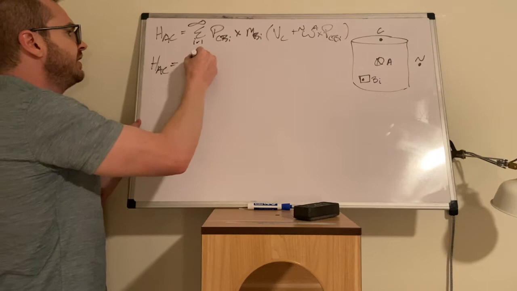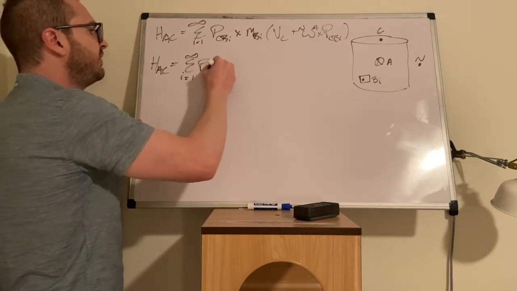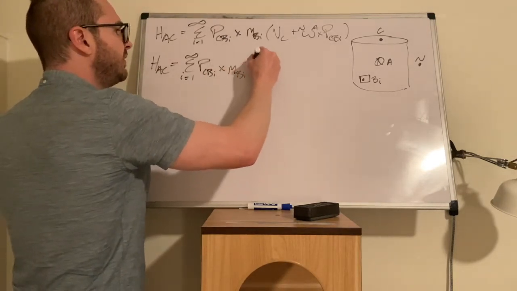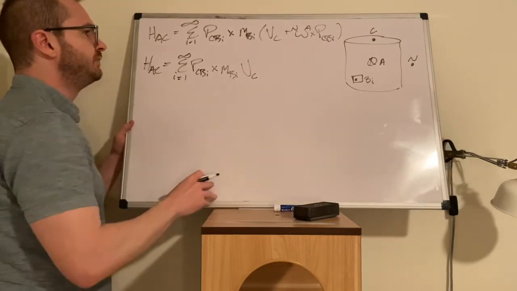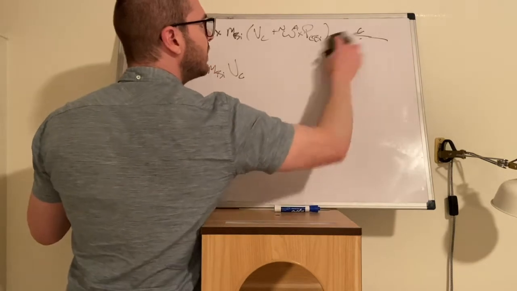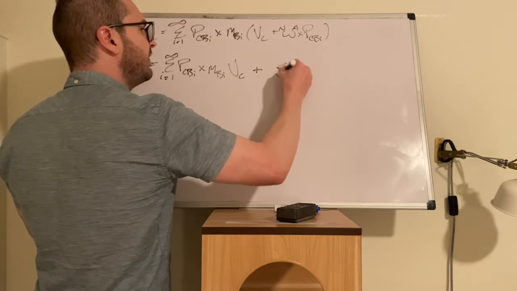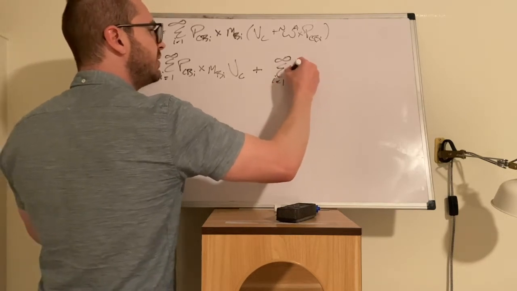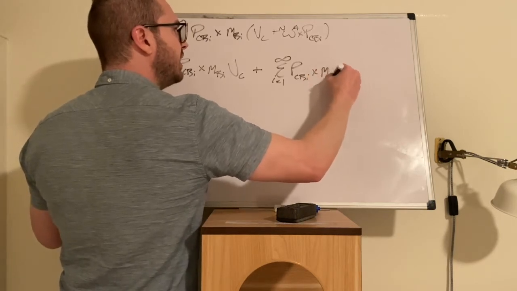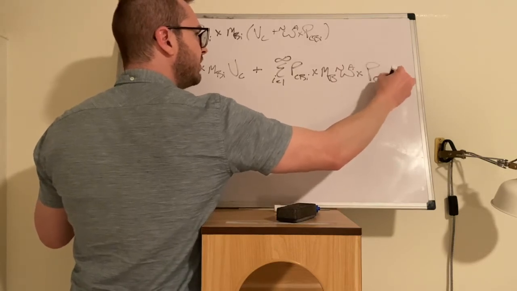So H_AC equals, here's the first term, P_CBi cross m_Bi V_C, and then plus infinite summation P_CBi cross m_Bi omega_N/A cross P_CBi.